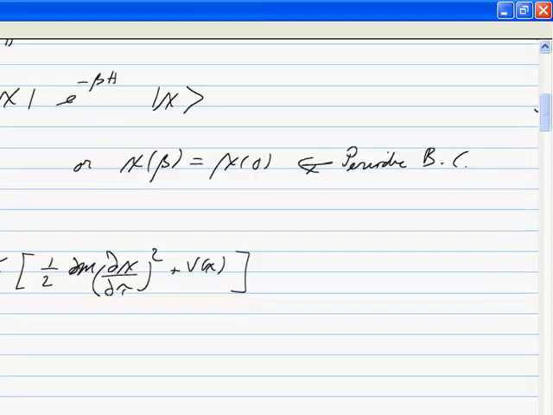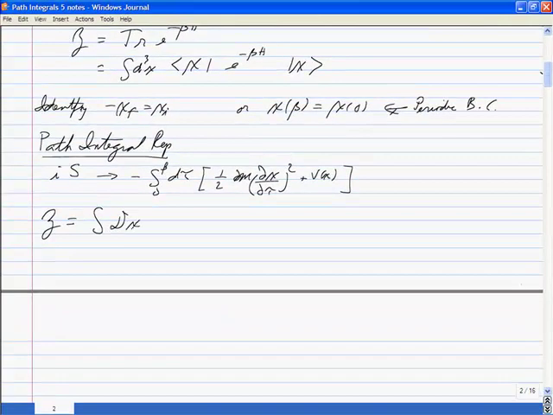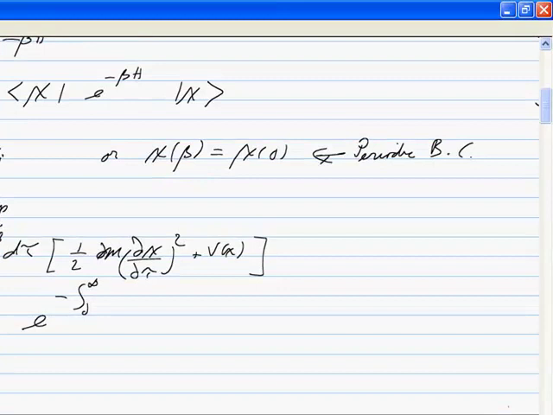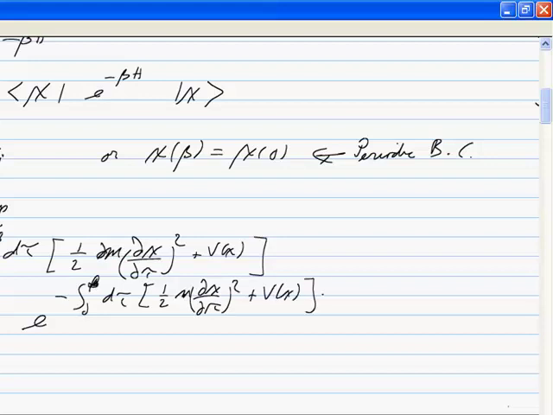Okay. So this results in the partition function having this path integral representation: the integral Dx(tau) over all paths, e to the minus integral from 0 to beta d tau of 1/2 m (dx/d tau) squared plus V of x, with x of beta equals x of 0.